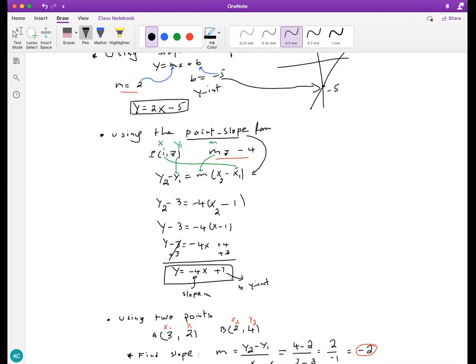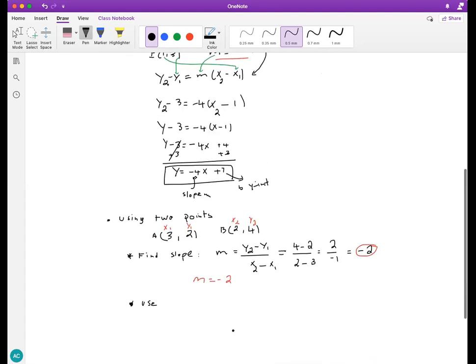The only difference is that there we were given m, but here we had to find it using these 2 points and the slope formula. So use the point-slope form to write the equation.